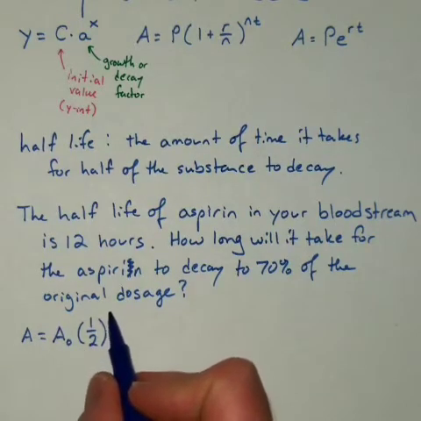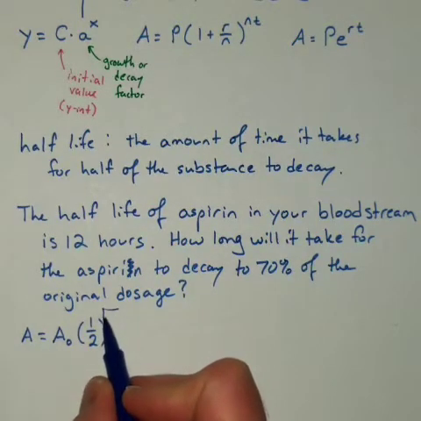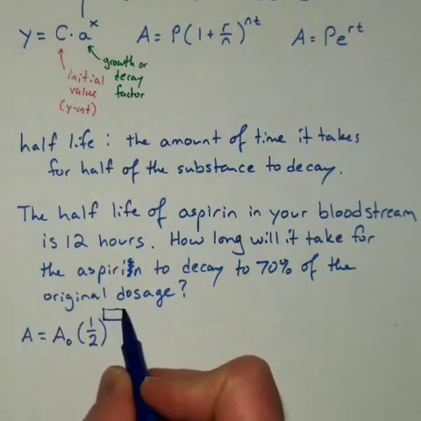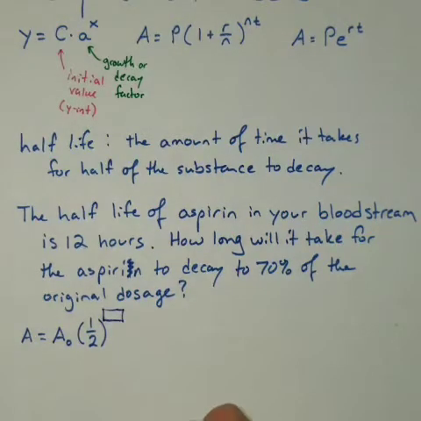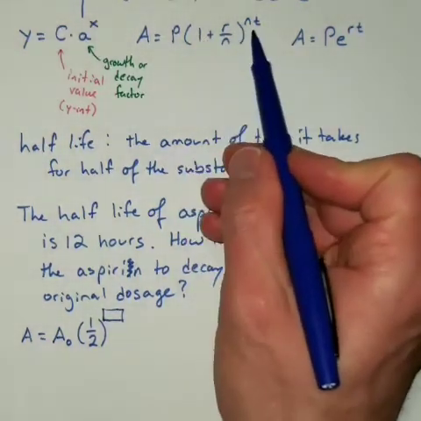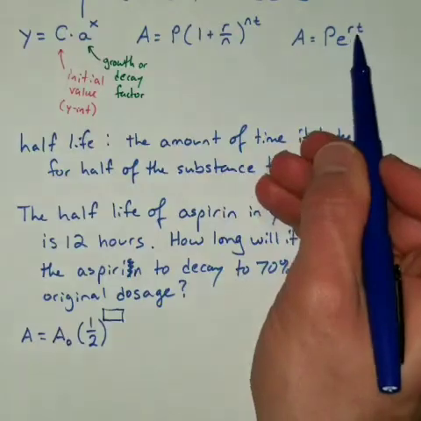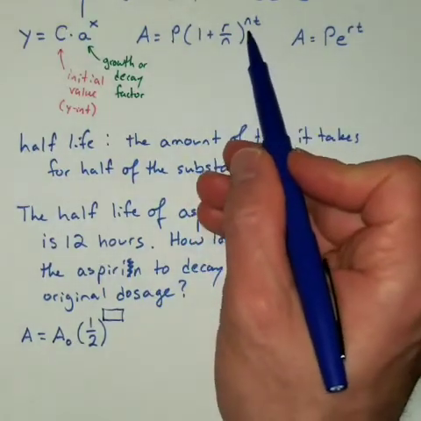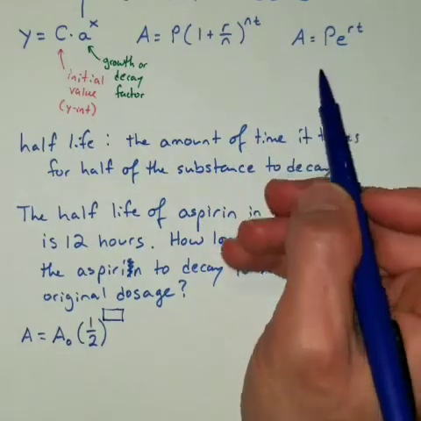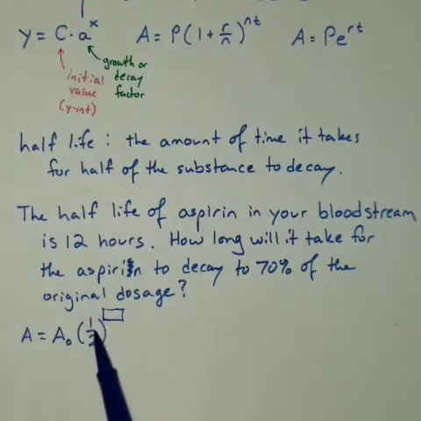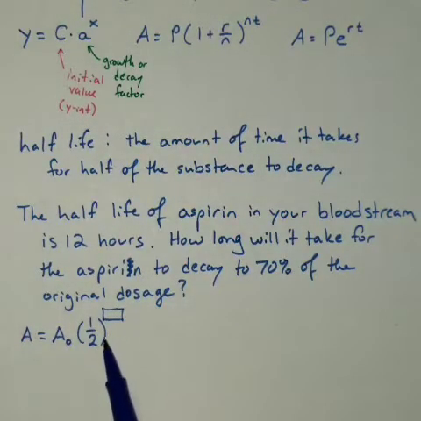And then you're going to have some sort of exponent here. Now I'm going to put an empty box up there because there's some stuff we're going to need. The exponent's not just simple. Remember, even on our financial models, the exponents were a product of a number times time. In this case, it's going to be something similar.